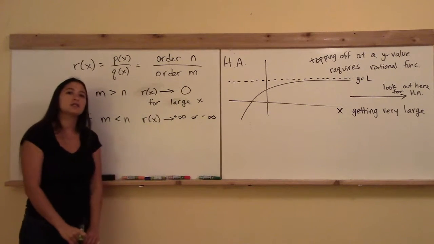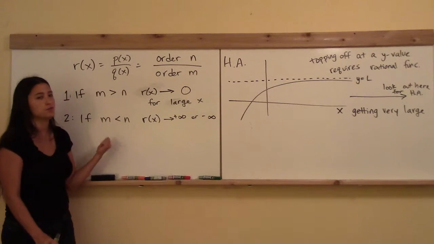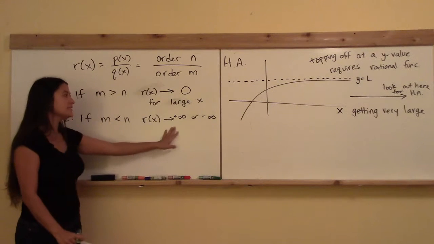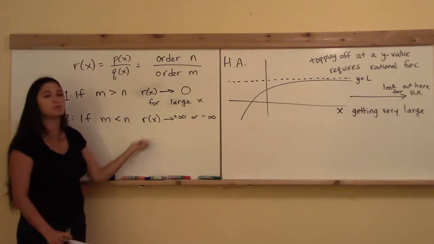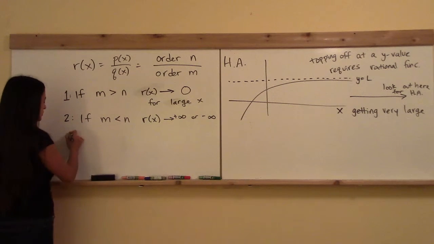That'll depend on the leading order coefficients, so what kind of numbers are multiplying those polynomials, like -7 or +3 or whatever. This is the case where you have a bigger number on top, smaller number on bottom. It must blow up to infinity or minus infinity as your x gets large.